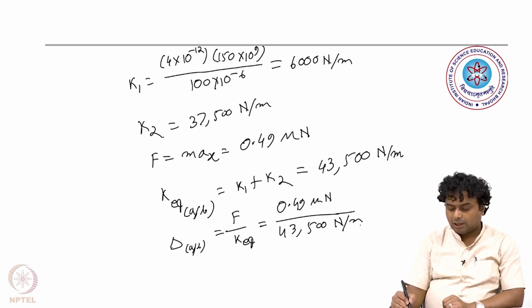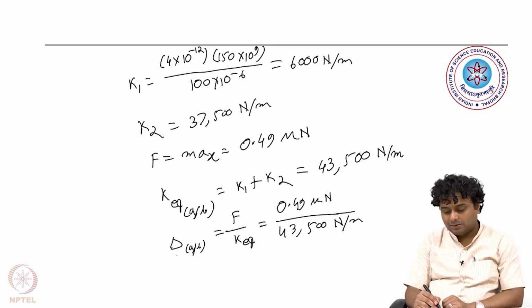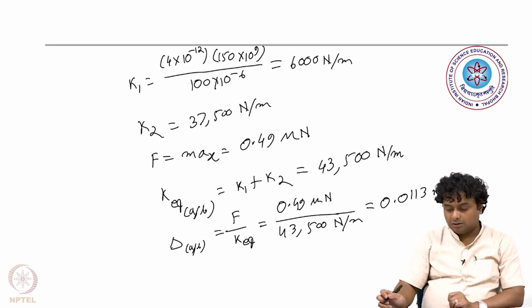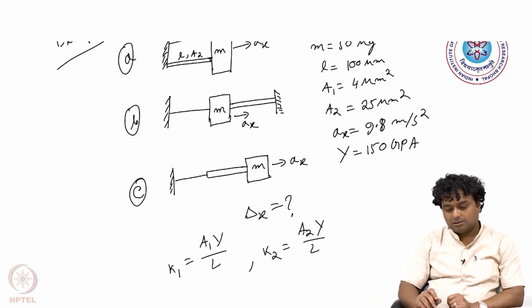Note another thing, that this meter will go to the top, in the numerator. This should be like that only, because this is the deflection, and deflection should have a length unit like meter or centimeter. So this is correct: 0.0113 nanometer.